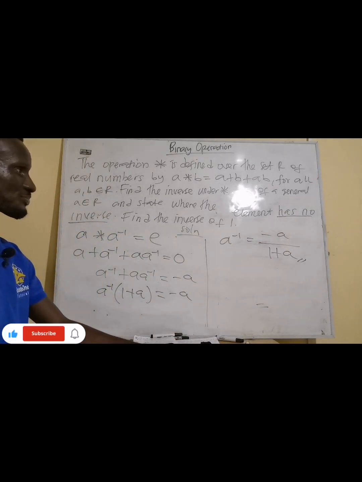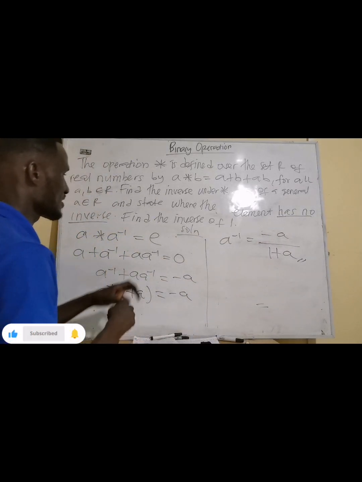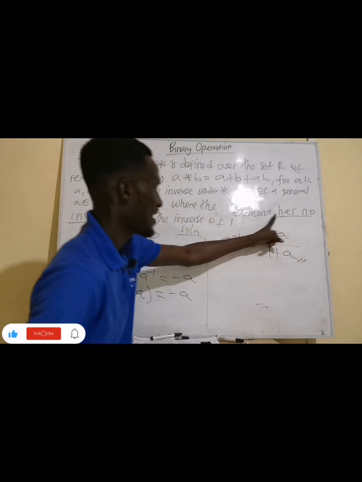Now the second one says to state where the element has no inverse.